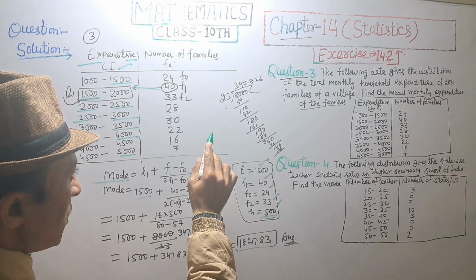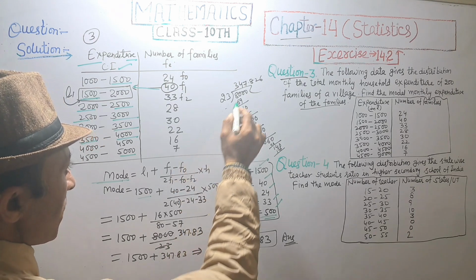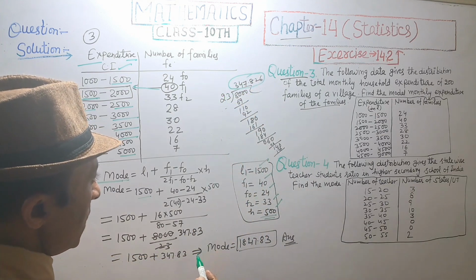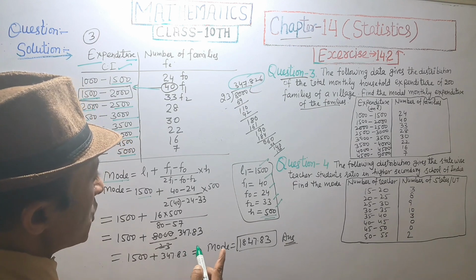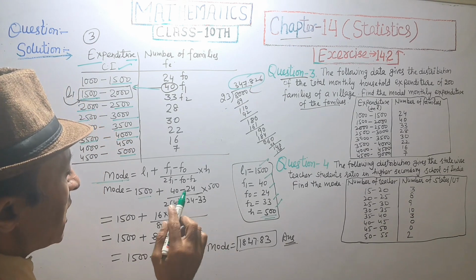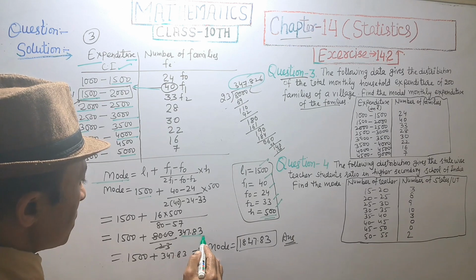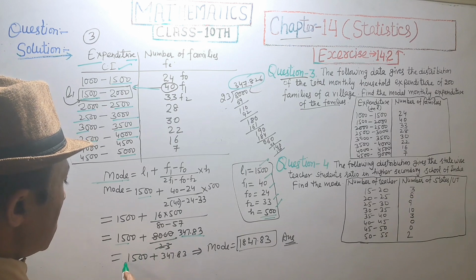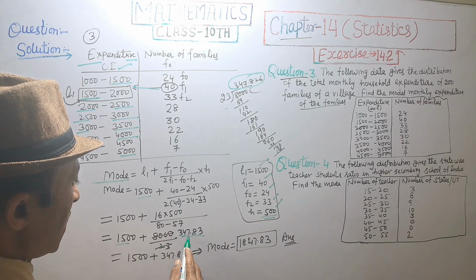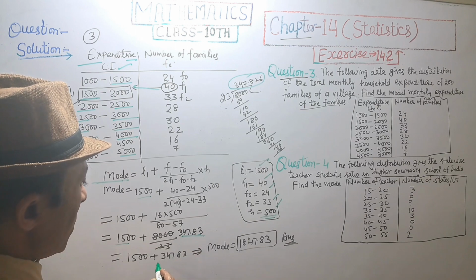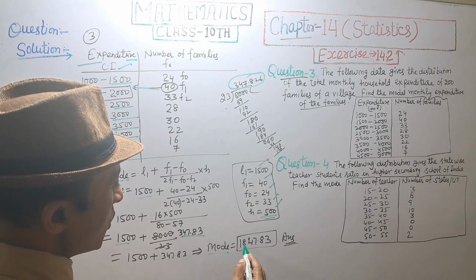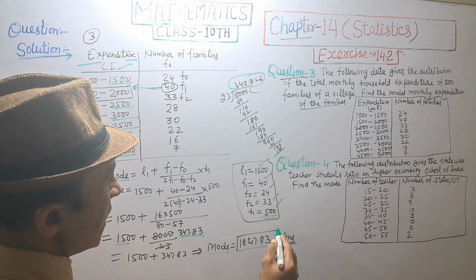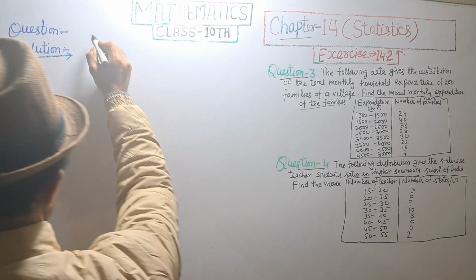We divide 8000 by 23 and approximately the answer will be 347.826 or 347.83. 1500 plus 347.83, that is 1847.83. So mode is equal to 1847.83. Answer.